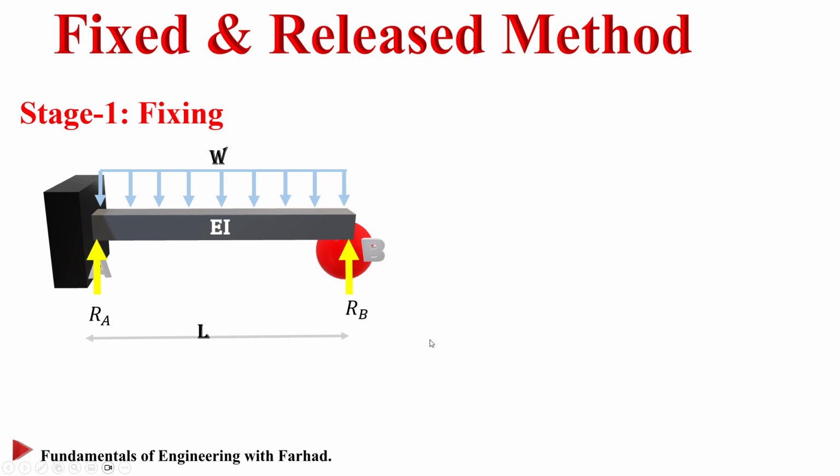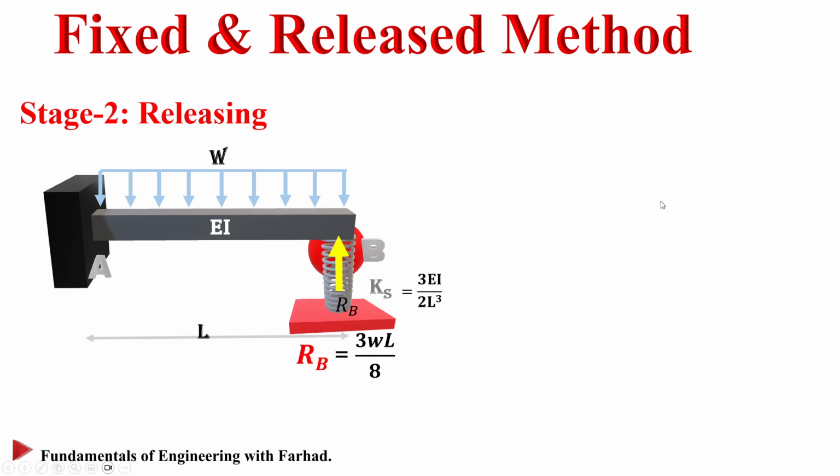For such a beam, 5/8 of WL goes to the reaction at A, and the other part, 3/8 of WL, goes to RB. So the bigger chunk of force goes to reaction A, and the smaller portion is handled by the reaction at B. As soon as we have the reaction at B, stage 2 is the releasing stage.